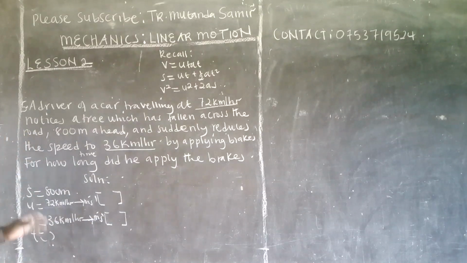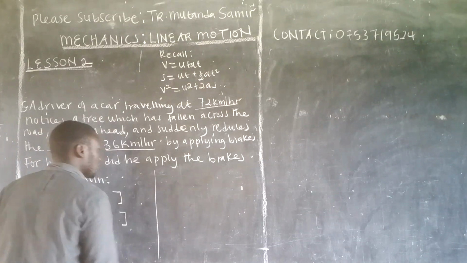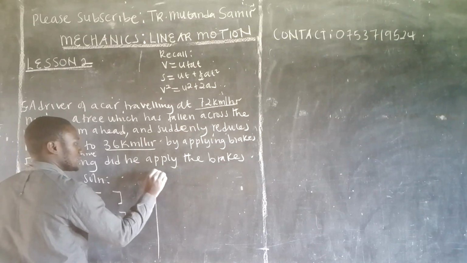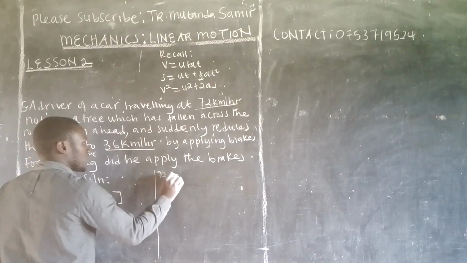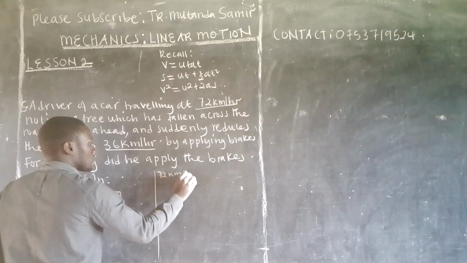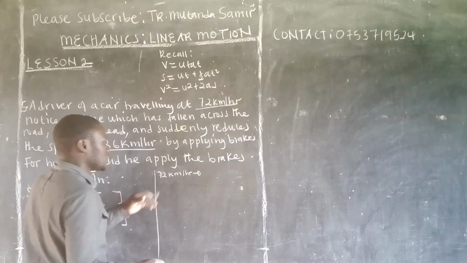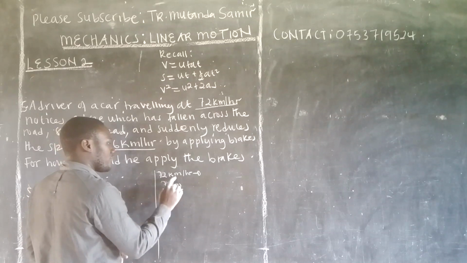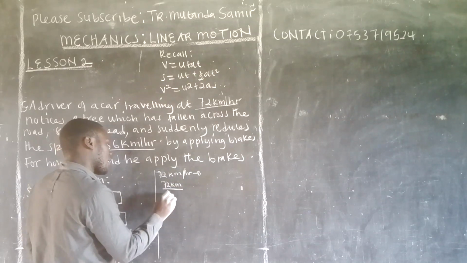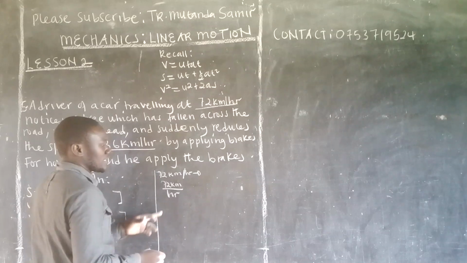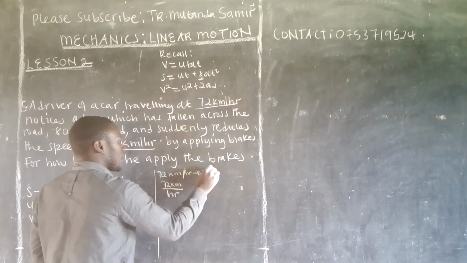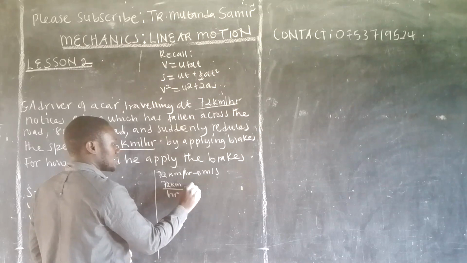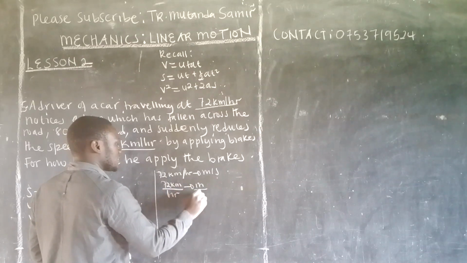Okay. Now let's see how we do the conversion. Like we have 72 kilometers per hour. In simple terms, this means 72 kilometers over, this slash means over, hour. You're converting to meters per second, meaning that we must convert the upper one into meters and the lower one into seconds.